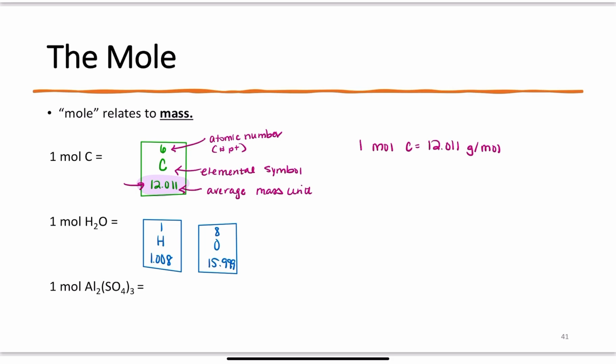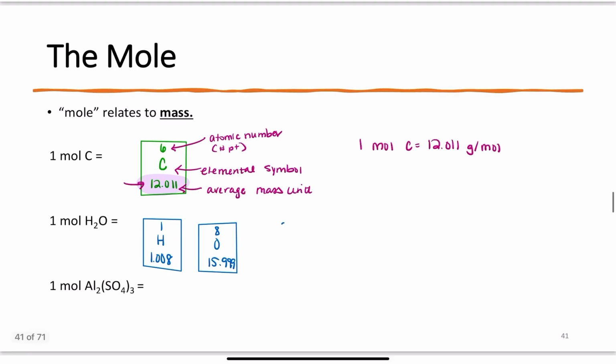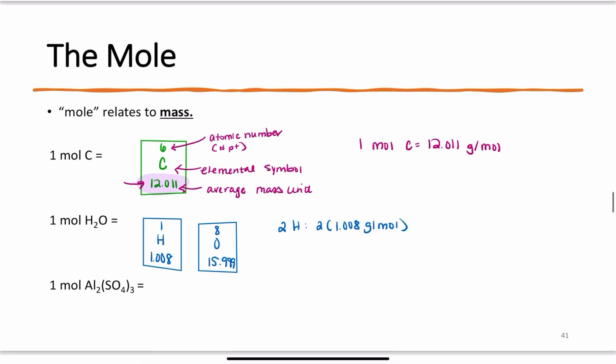Remembering our formulas, I know that water, H2O, has 2 hydrogens, so this would be 2 times 1.008 grams per mole. 1 oxygen, 1 times 15.999 grams per mole.